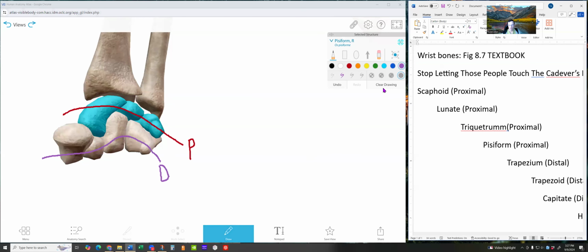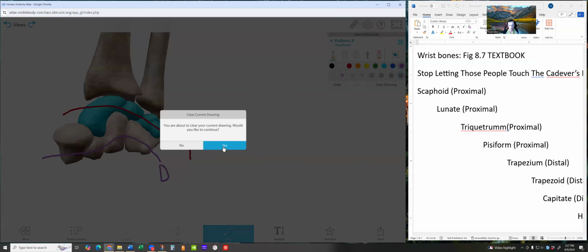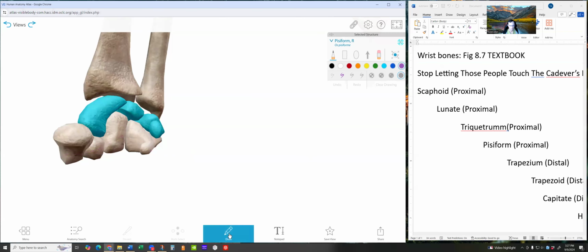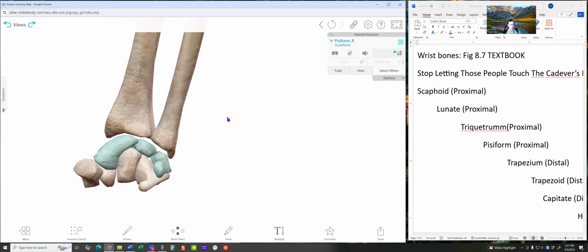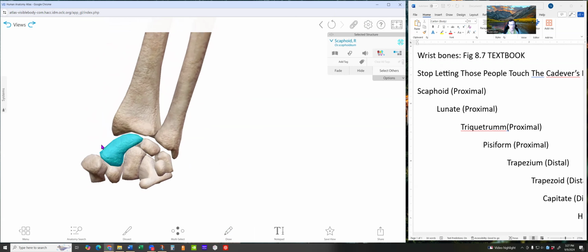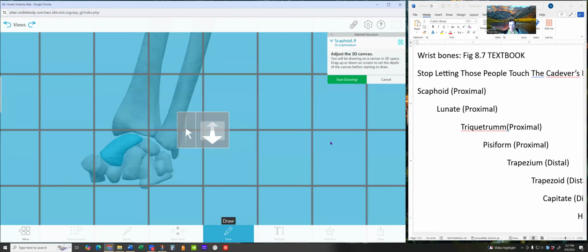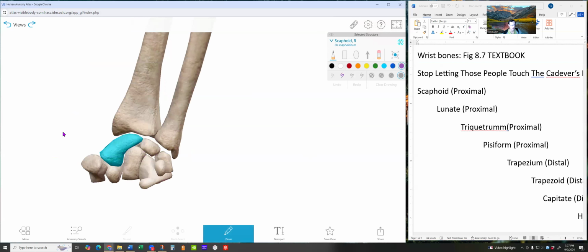I'm going to clear my drawing on Visible Body, and let's go through this. So here we are. First bone, scaphoid, stop. Next bone, and notice over here, this is the thumb side, isn't it? This is the thumb side, right?